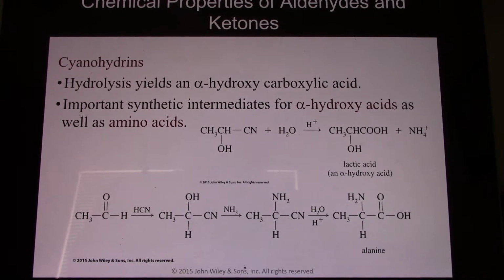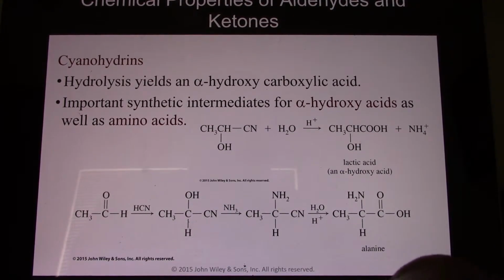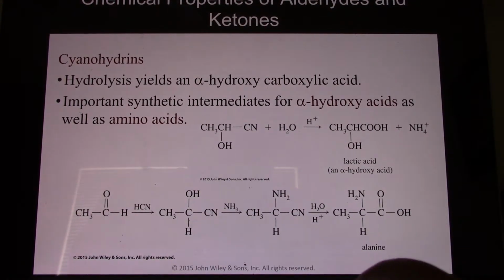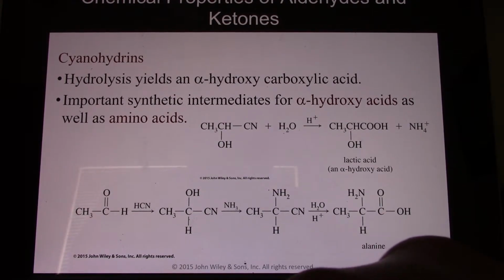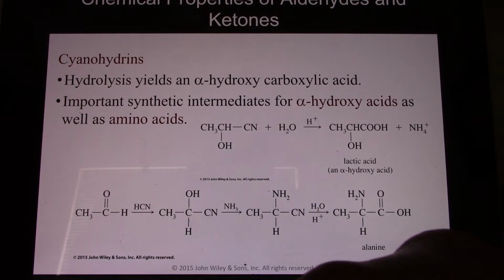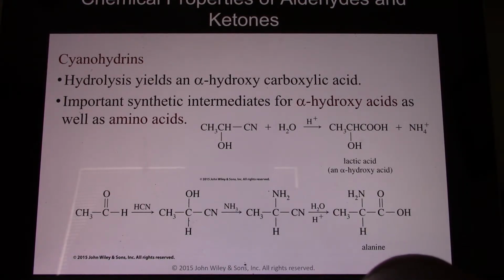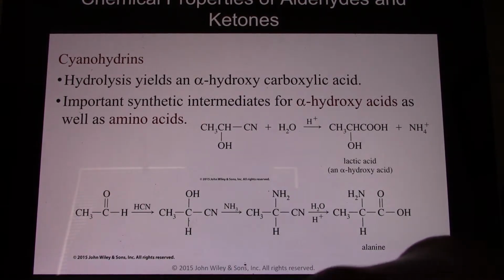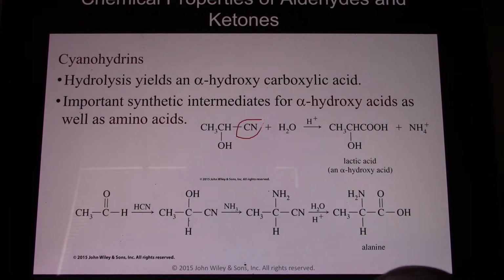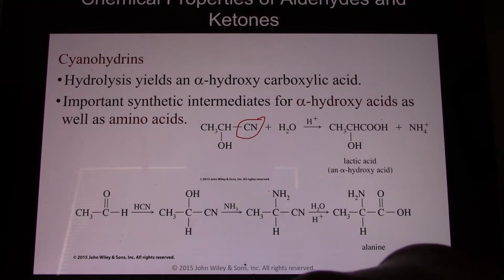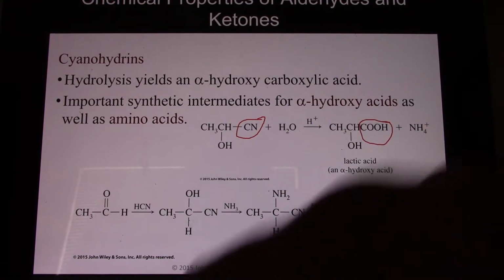So if we have a cyanohydrin, and we hydrolyze it with acid, so we react it with acid and water to break it apart, we can finally convert this cyano group into a carboxylic acid group. And so the C triple bond nitrogen can become a carboxylic acid group, giving us an alpha hydroxy acid.